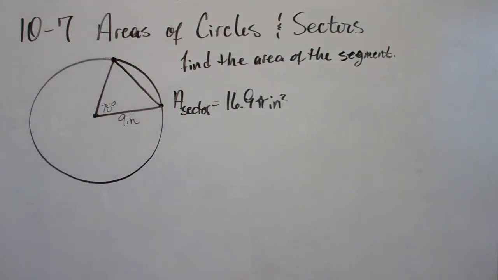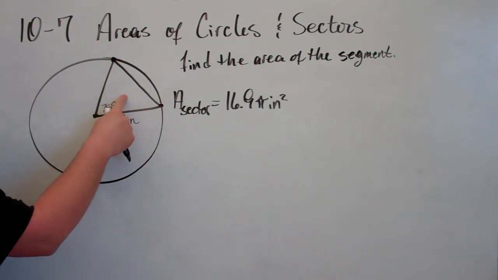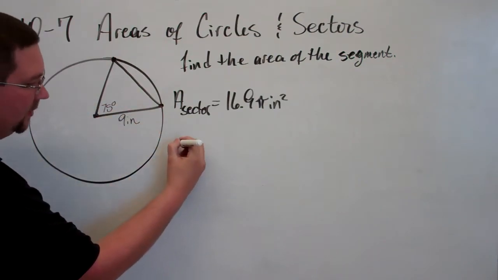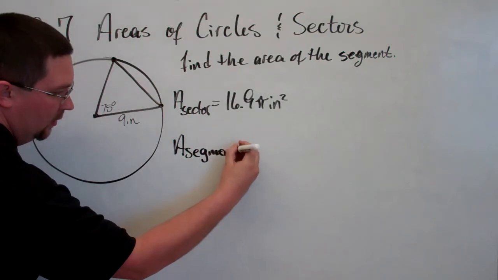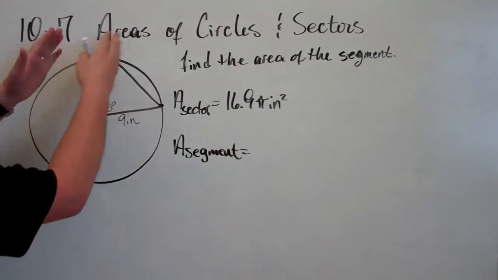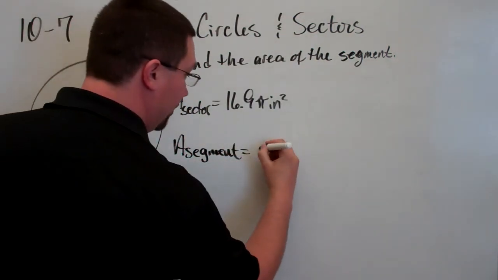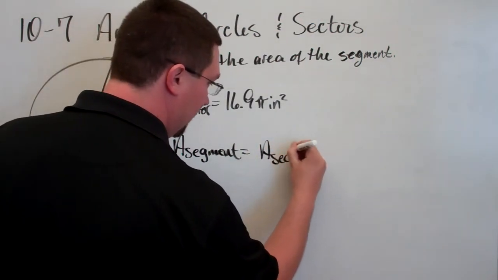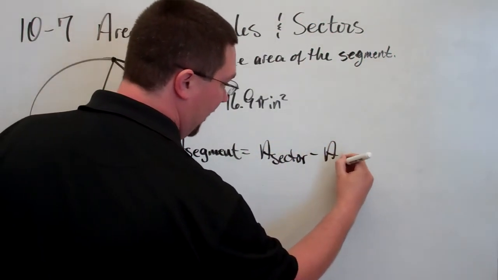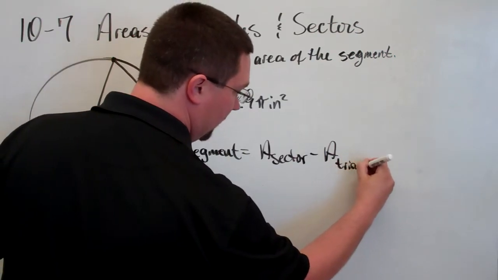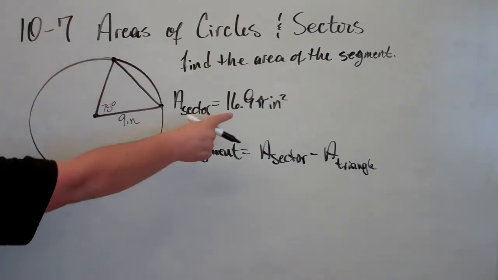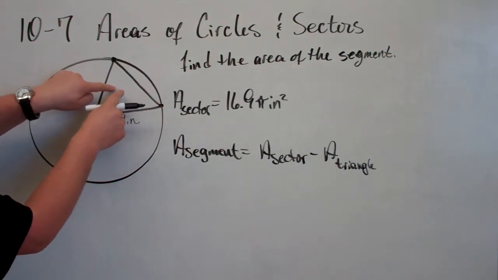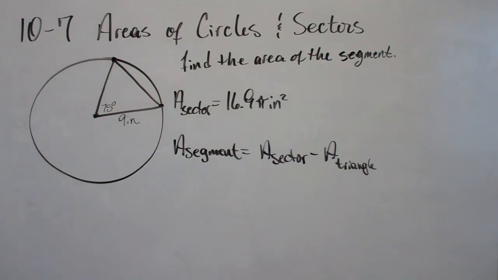To find the area of the segment, you see how this makes a triangle in here? So the area of the segment equals the area of the whole sector, which we just found, that's why I'm keeping it, minus the area of that triangle. So it's the area of the entire sector minus the area of the triangle inside. That's all it is.